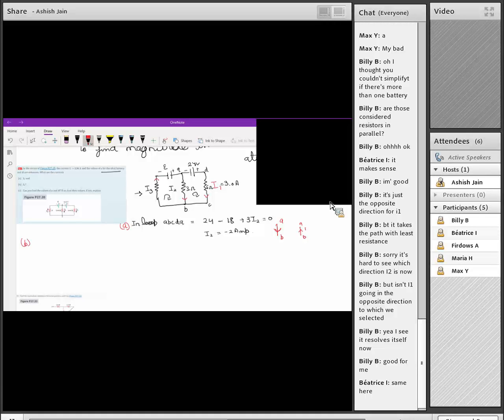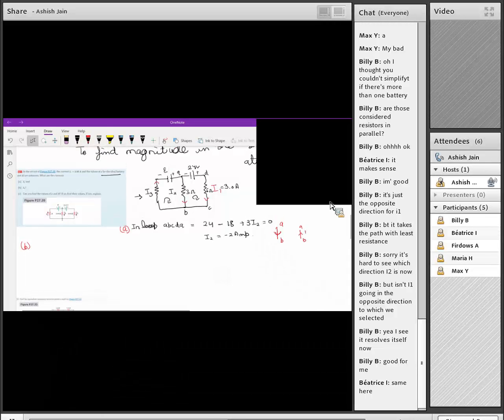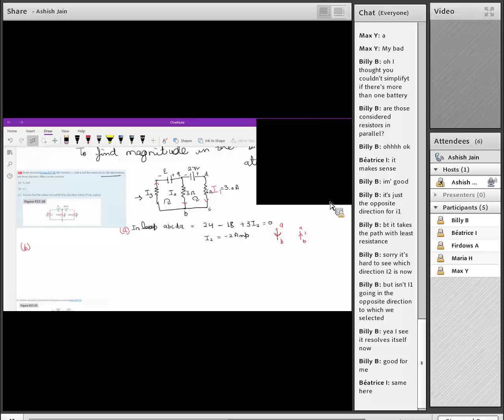Part B. What is I3? Let's solve for I3 now. Using Kirchhoff's current law, I1 plus I2 is equal to I3.